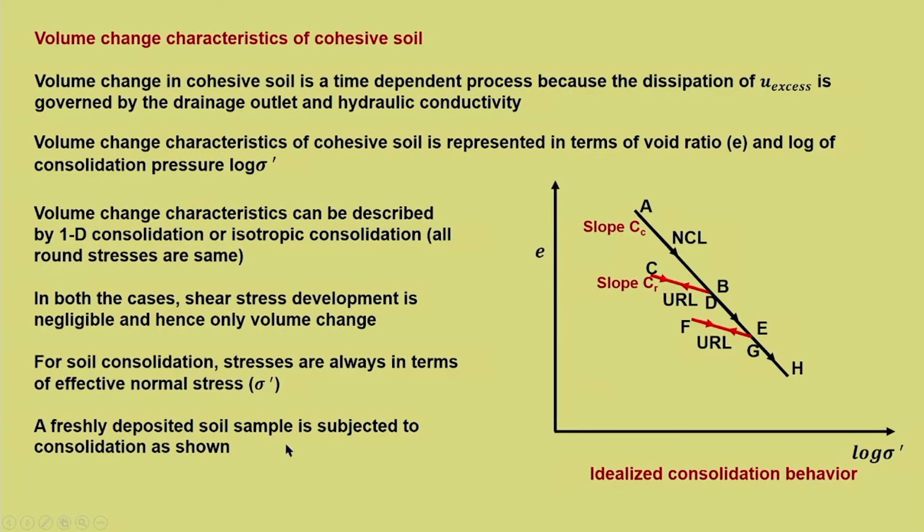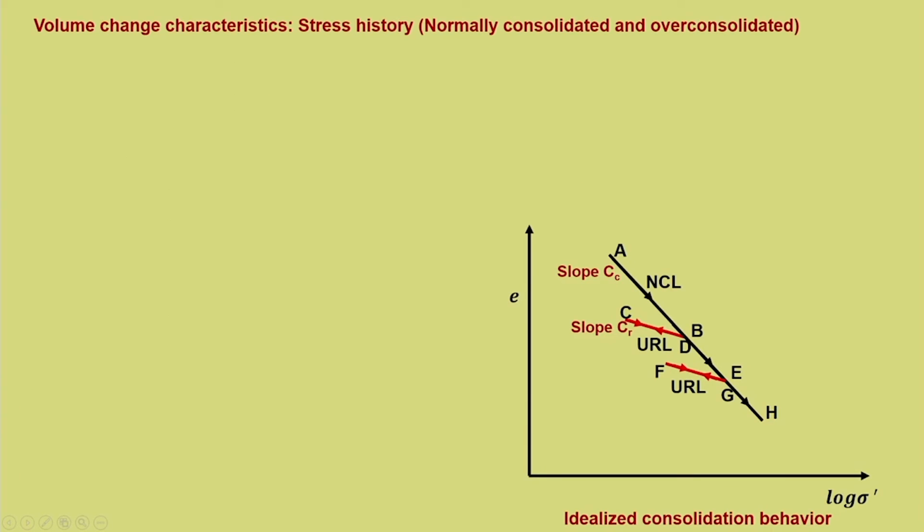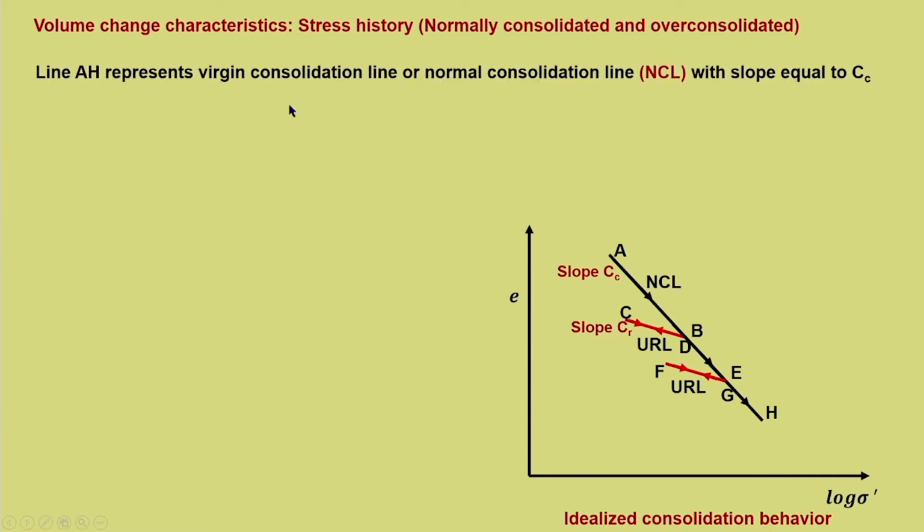Let us say a freshly deposited soil is subjected to consolidation as shown. So, in this, line AH is known as virgin consolidation line or normal consolidation line NCL, and it has got a slope of Cc, which is known as compressibility index.